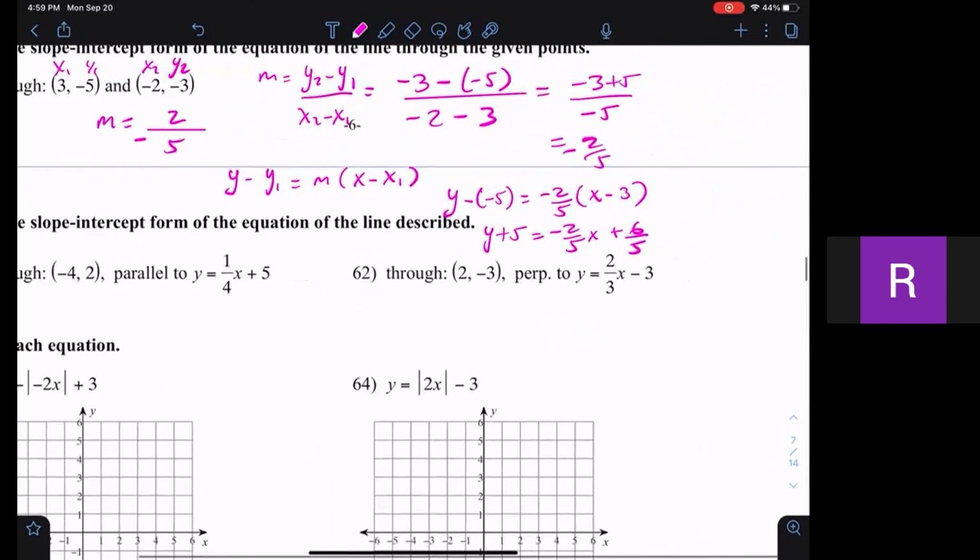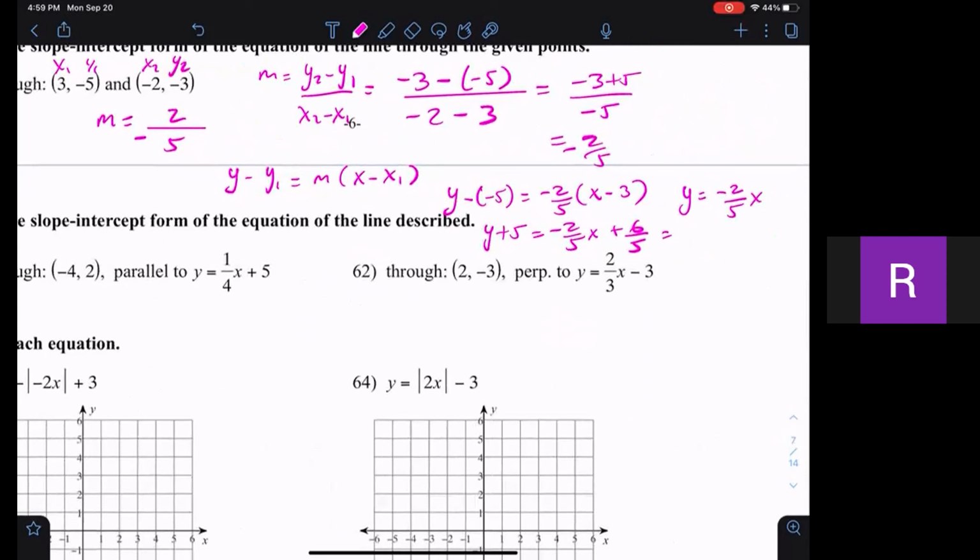You can simplify that further. So subtract 5 on both sides. You get y equals -2/5 x plus 6/5 minus 5, right? So that's going to be 6/5 minus 25/5, which is -19/5. So this is -19/5. So that's the answer. Okay, that's the answer.